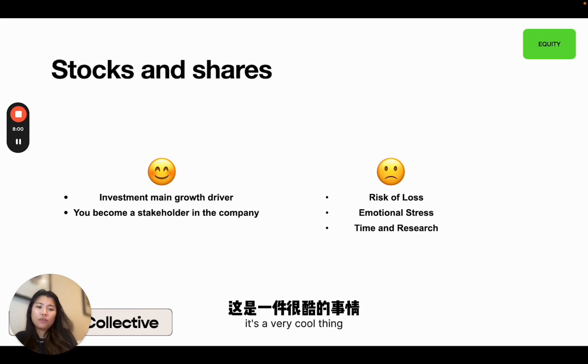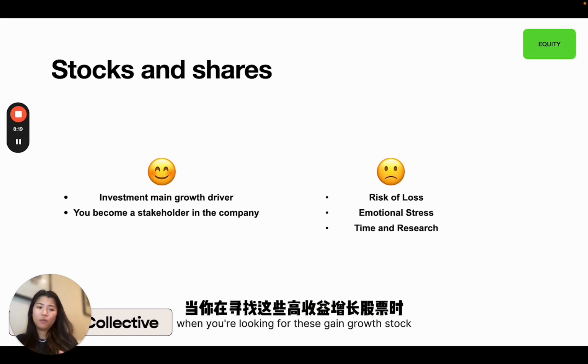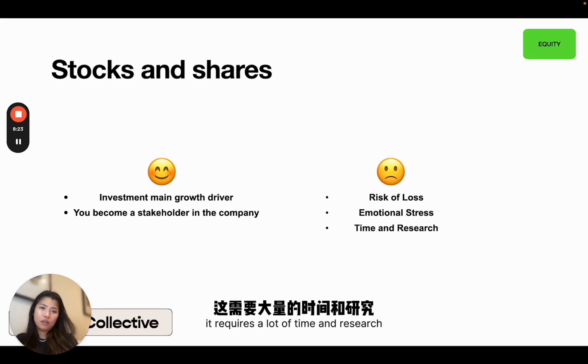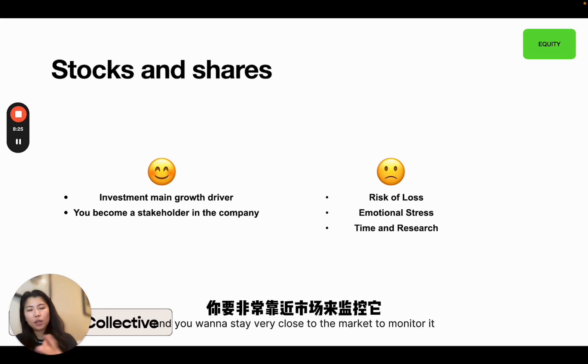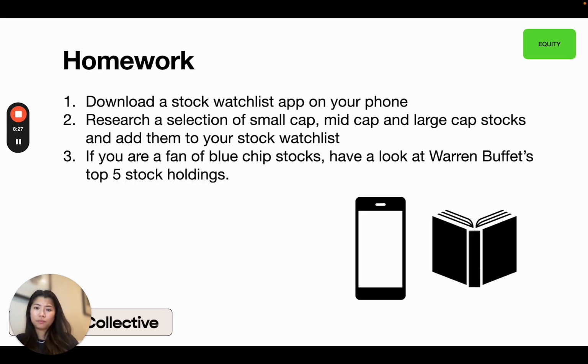So it's a very cool thing. The cons are the risk of loss. One single company's performance is quite a risky investment, right? And when the market goes down, then obviously you feel very emotional and you could feel stress as well. And when you're looking at these growth stocks, it requires a lot of time and research, and you want to stay very close to the market to monitor it.